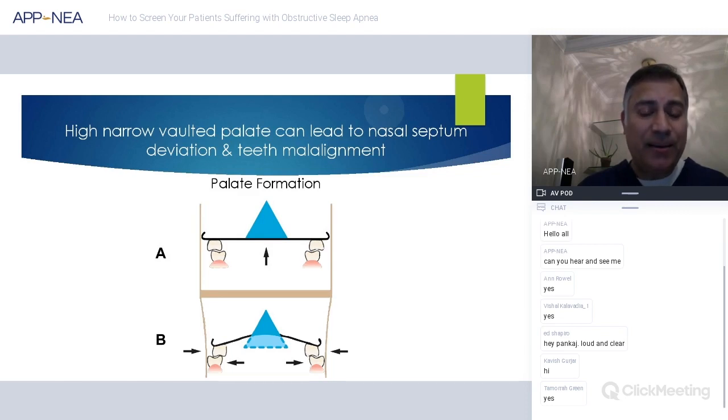You have a crossbite. But also realize something: the palate is the floor of the nasal base. So if the palate's constricted, the nasal base is constricted. That means the nasal passages are constricted, and it's going to make for restricted airflow. So the person with the narrow palate and a crossbite is most likely going to experience difficulty breathing through the nose, and will most likely be compensating by breathing through their mouth.